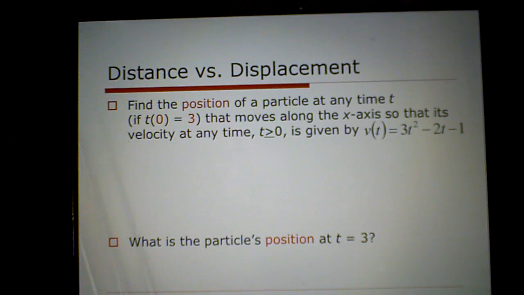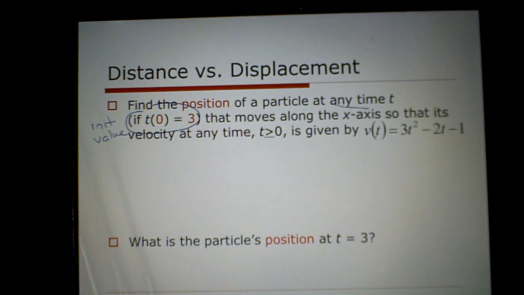So if I want you to find the position of a particle at any time t, now we're moving from the warm-up function, I'm giving you a new velocity function. This velocity function is quadratic. Find the position of the particle at any time. That tells me I need a function to find the position of the particle, and here's where we're linking up initial condition or initial value.